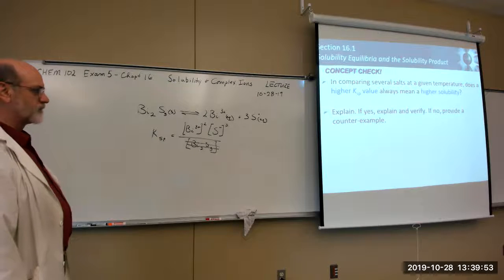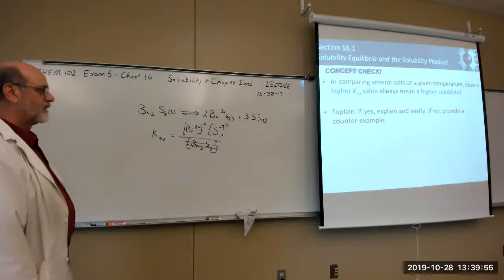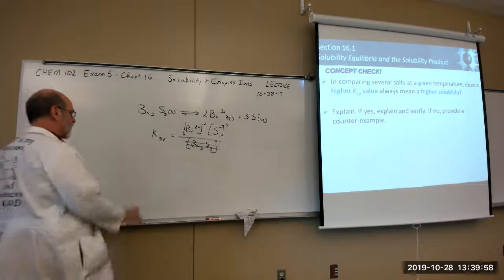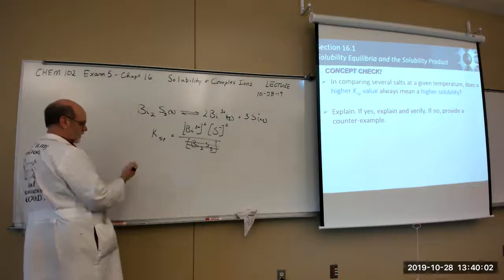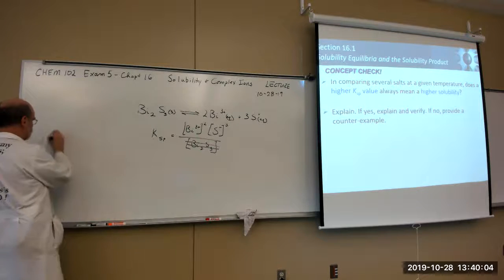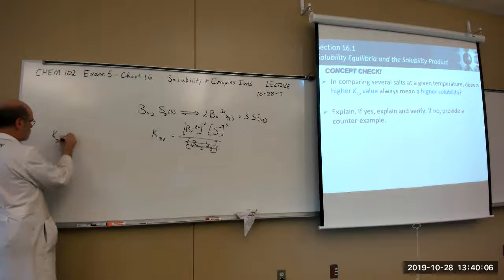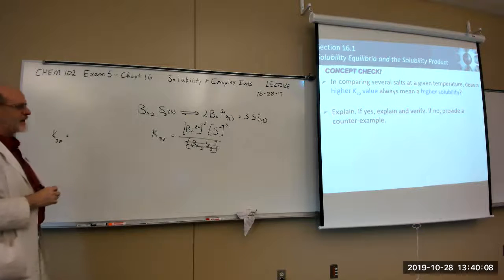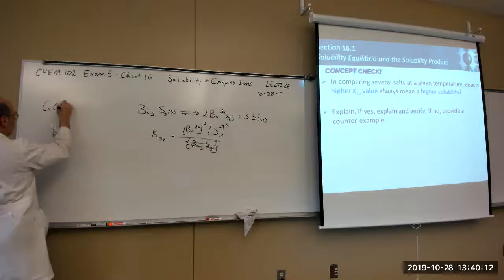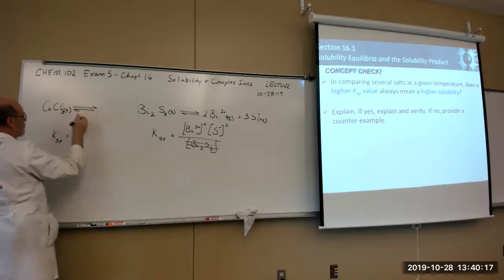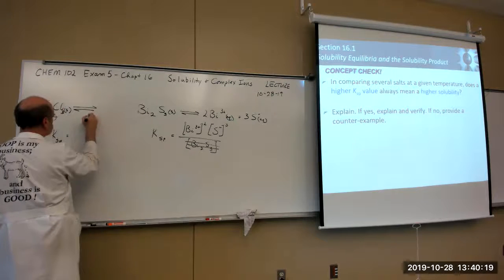So the question is, if we compare the K values for different compounds, say we have a different K over here, and we're going to say calcium carbonate. That's a good one. Calcium carbonate is a solid, and it will be sparingly soluble in solution.